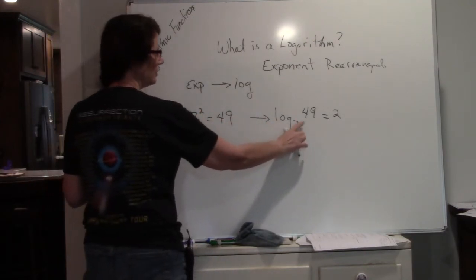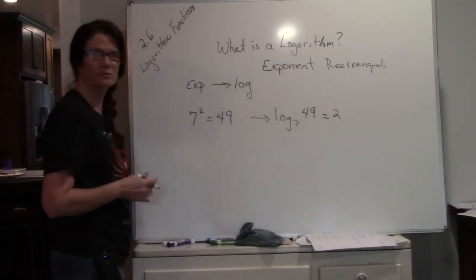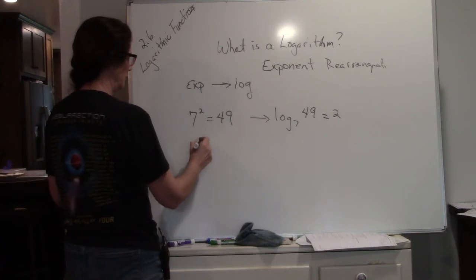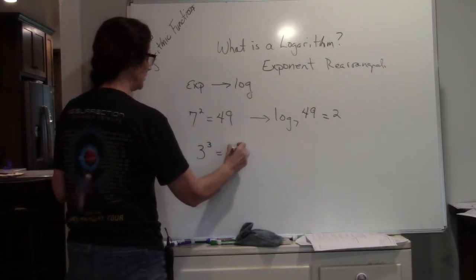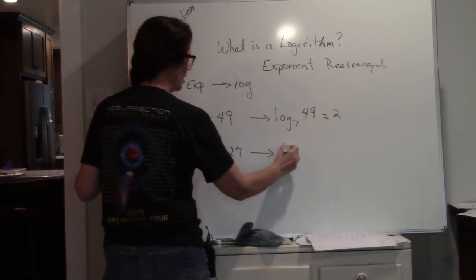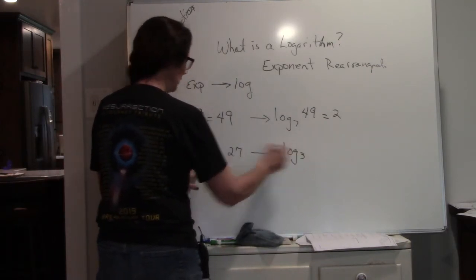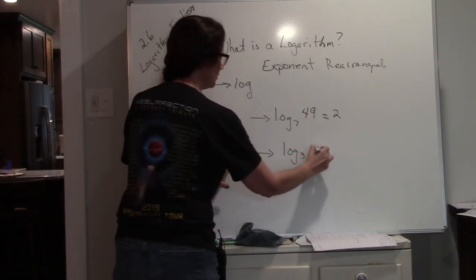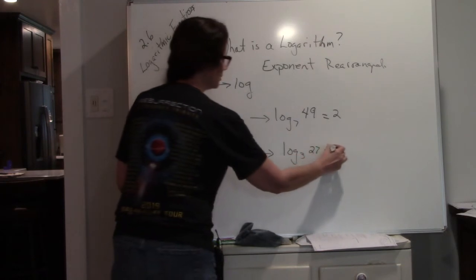Log base 7 of 49 equals 2. Okay, let's try another one. So we're going from exponent to log. 3 raised to the third power is 27. So I want to change that. So log base 3, so it's this 3, of 27 equals my exponent.